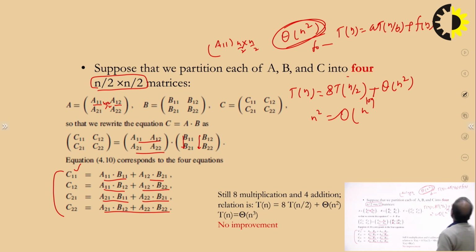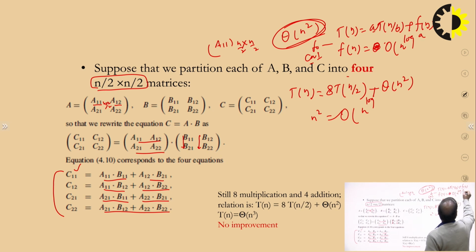We know that case 1 of the master method says if f(n) is big O of n to the power log a base b minus epsilon, where epsilon is greater than 0, in this situation T(n) will be theta n to the power log a base b.